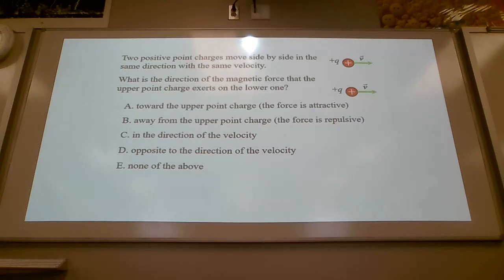But it's asking specifically about the magnetic force. Oh, okay. Yeah, specifically perpendicular. It's not A or B because it doesn't get closer or farther away. We're just considering the magnetic force. It says the magnetic force. Wait, that's the direction of the magnetic field. Force and field.